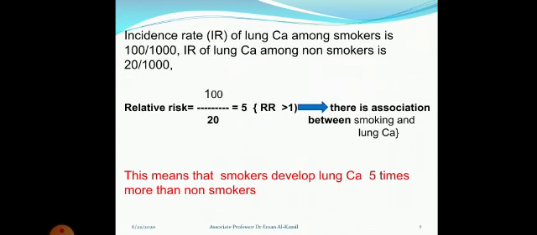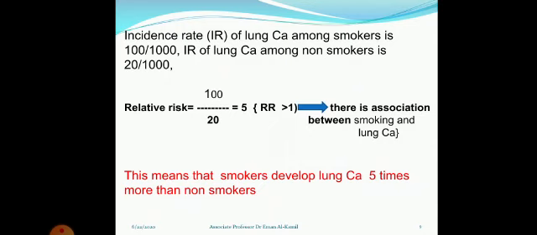For example, if the incidence rate of lung cancer among smokers is 100 per 1,000, and the incidence rate of lung cancer among non-smokers is 20 per 1,000, then the relative risk equals the incidence among exposed, the smokers, which is 100, divided by the incidence among non-exposed, which is 20, equal to 5.